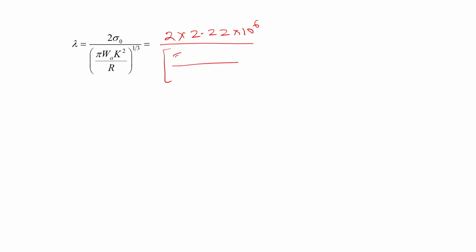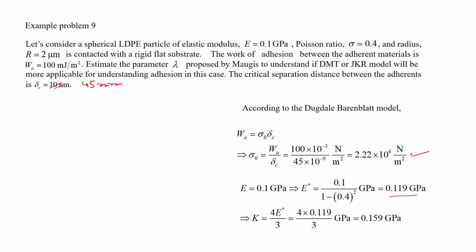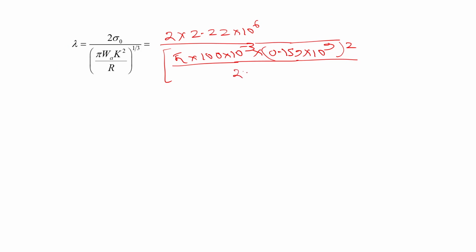And here this is pi into 100 millijoule into 10 to the power minus 3 into capital K, that is 0.15 into 9 into 10 to the power 9, squared, divided by R. R was 2 micron, so 2 into 10 to the power minus 6, all to the power 1 by 3. So, here we need to use your calculator and you can find out.